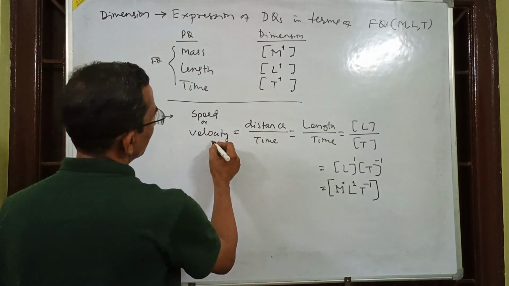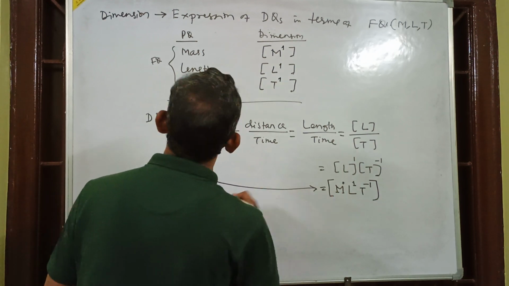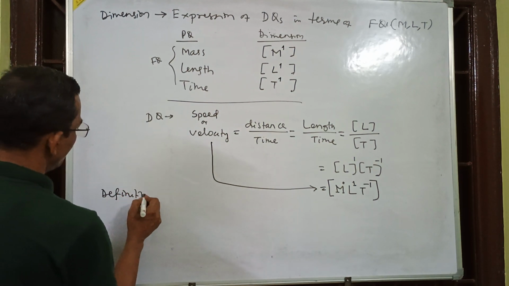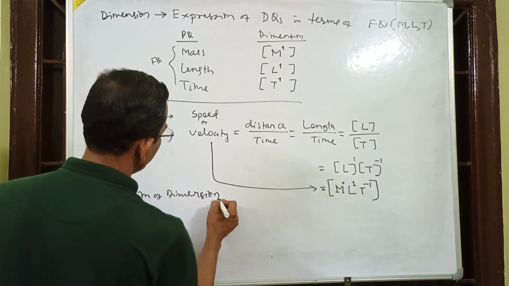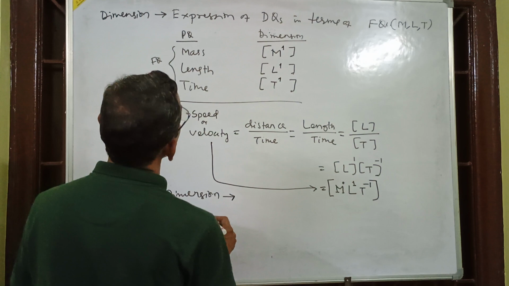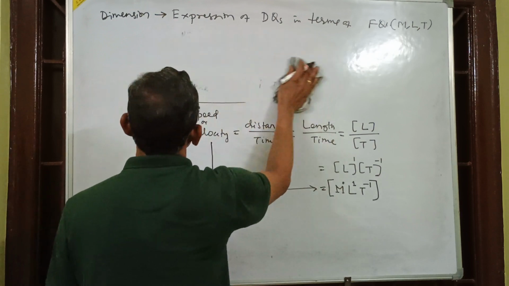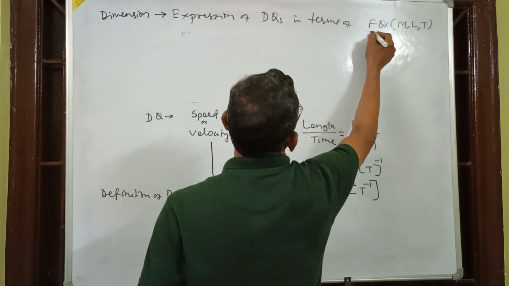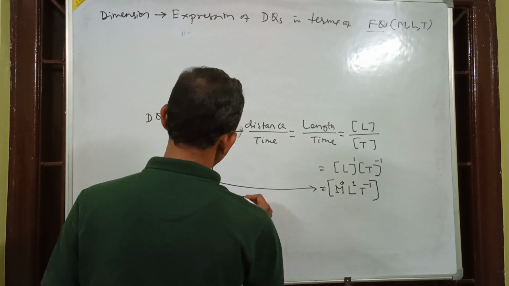This is the dimension of speed or velocity. That means the definition of dimension says the dimension of any derived quantity is the expression of this derived quantity in terms of fundamental quantities, and these are the powers.